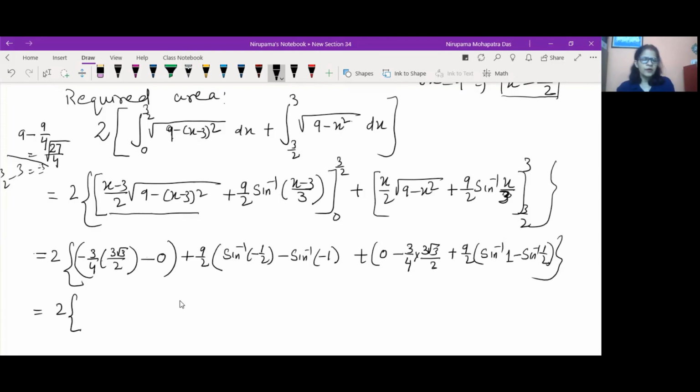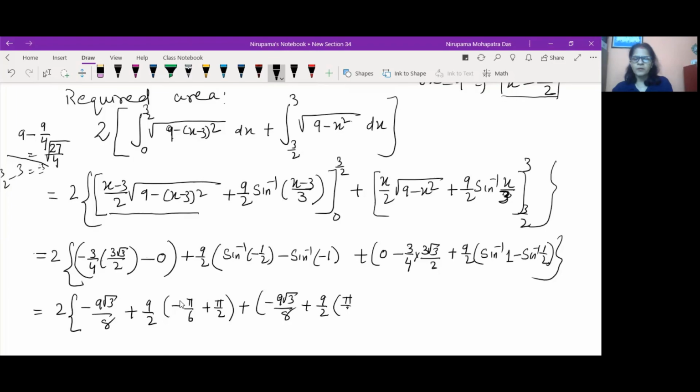You are getting here minus 9 root 3 divided by 8, plus 9 by 2. Here it is sine inverse minus half, minus pi by 6 plus pi by 2. Okay, plus here it is minus 9 root 3 divided by 8 plus 9 by 2 into pi by 2 minus pi by 6.